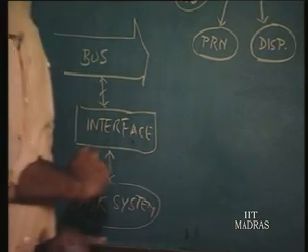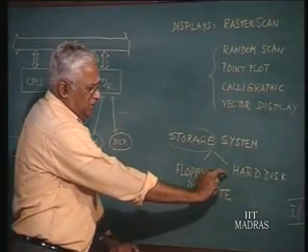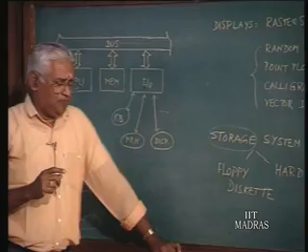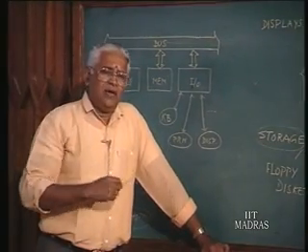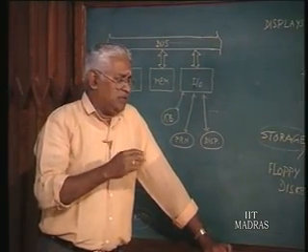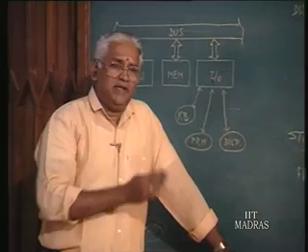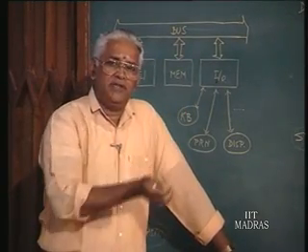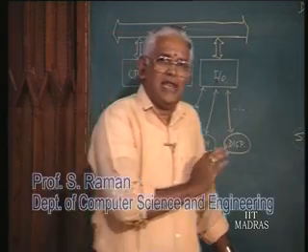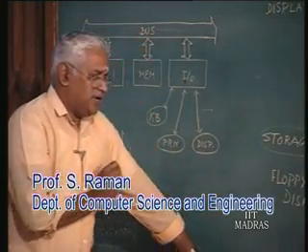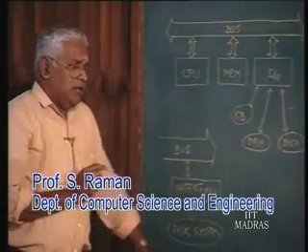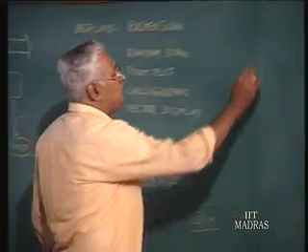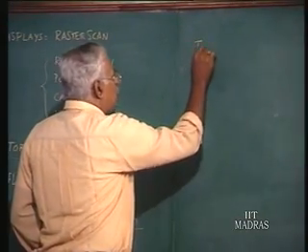Many of you may have noticed that in the case of hard disk subsystem or floppy diskette subsystem, you always have some moving element, that is the media itself will be rotating around, and then there may be an arm going over it. That means, essentially these are electromechanical devices. That is, the interface circuitry part of it will consist of two things.